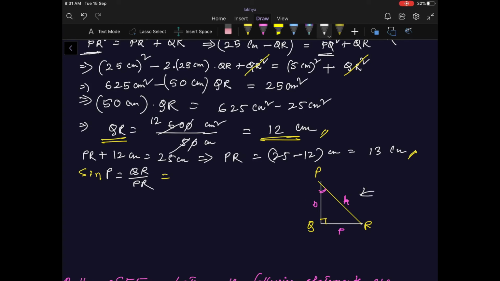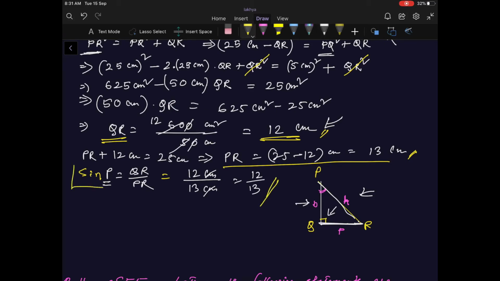With respect to this angle P, QR is the perpendicular, PQ is the base, and hypotenuse is always opposite to the right angle. So QR by PR. QR is 12 centimeter and PR is 13 centimeter. Centimeter gone, so we have got 12 by 13. This is the value of sin P.